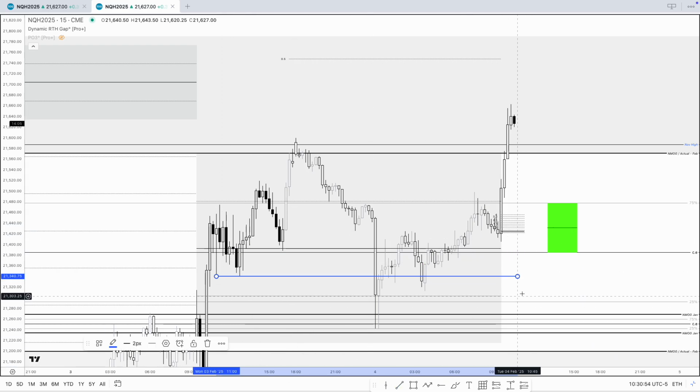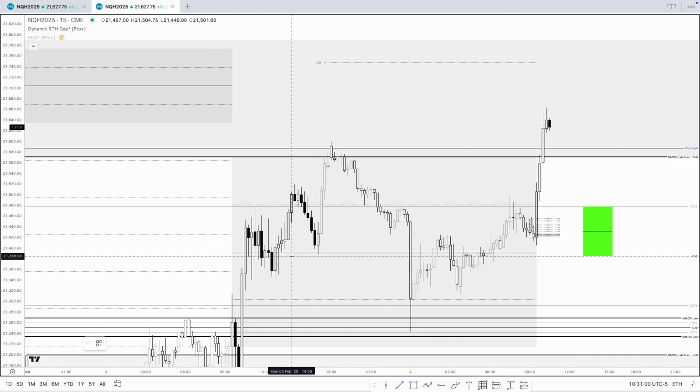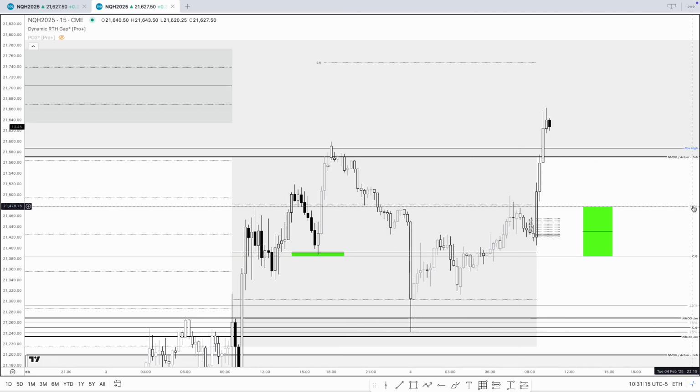But since yesterday, if you see, we accumulate inside of the consequent encroachment on regular trading hours of the new month opening gap, there was no reason to come back here. I didn't realize that until we were closing above the 75% of the new month opening gap.